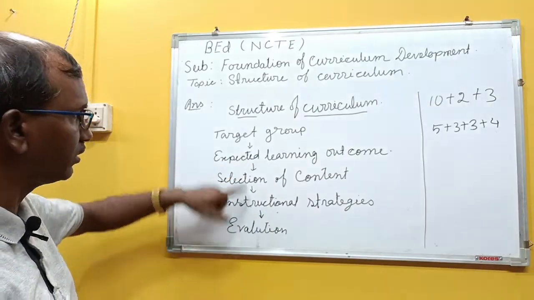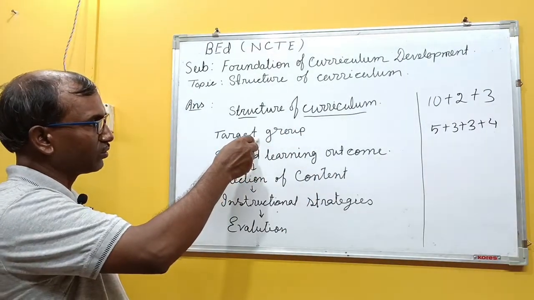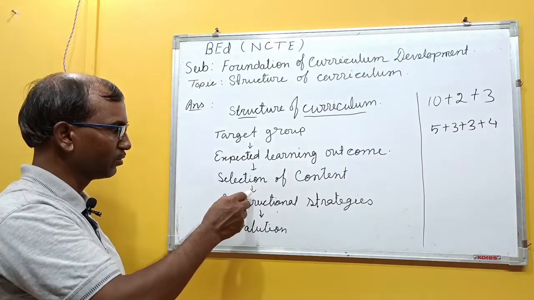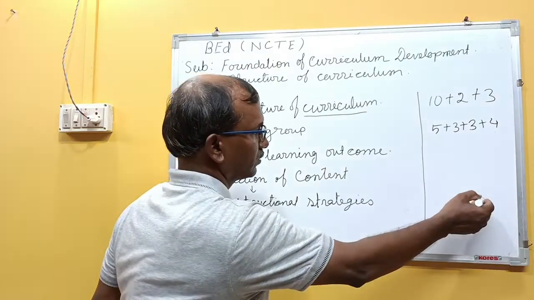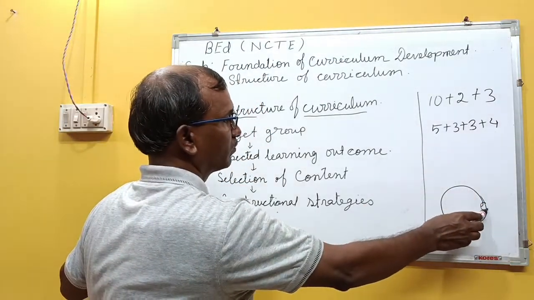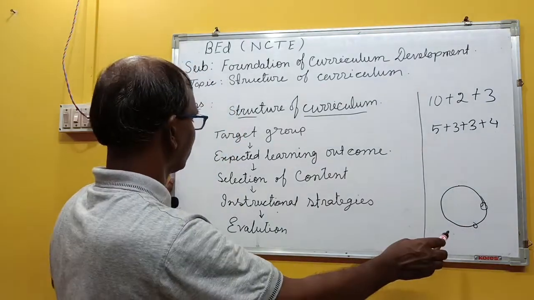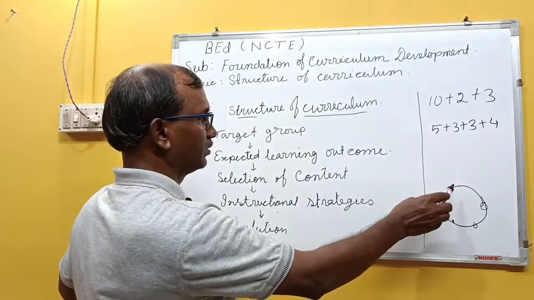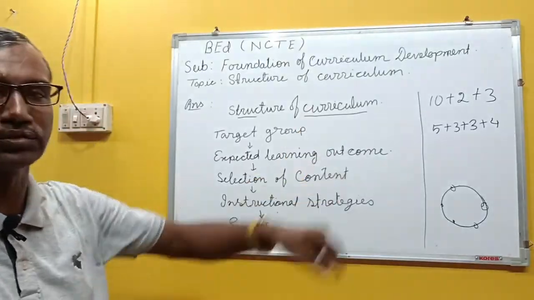These are all related in a circular process. First this one, secondly this one, thirdly this one, fourth this one, fifth this one. So this is a circular process: target group, then expected learning outcome, then selection of content, then instructional design, then evaluation.